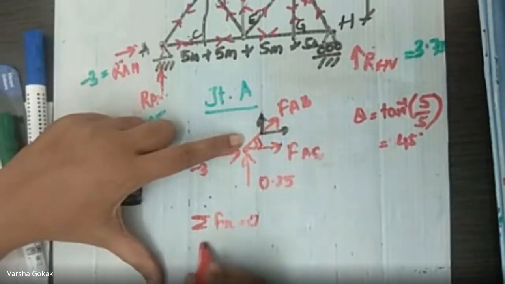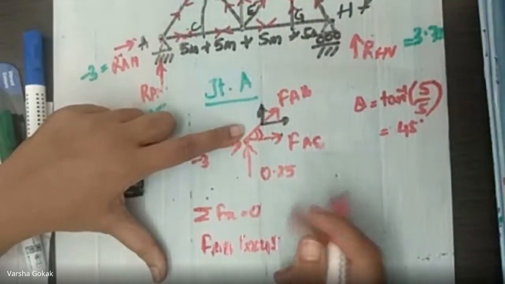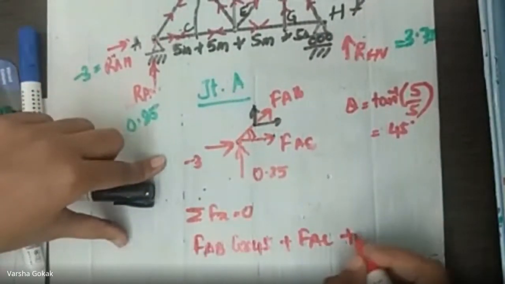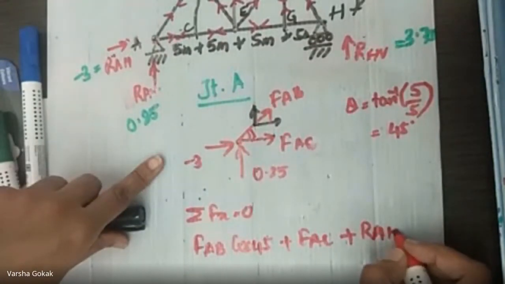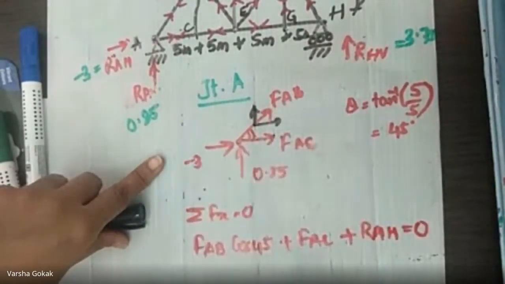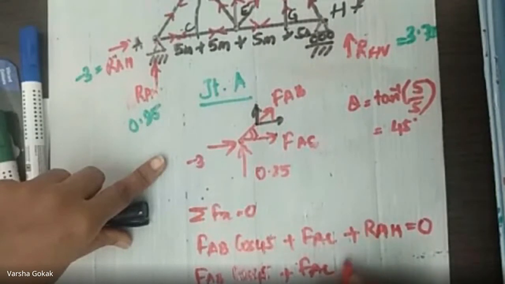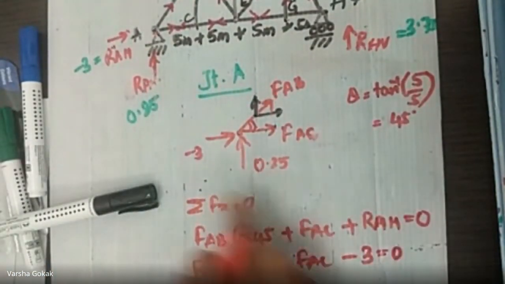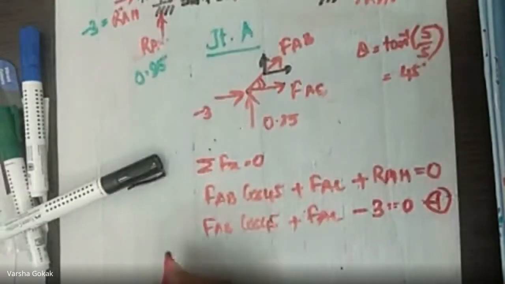So FAB cos of 45 positive, plus FAC, then plus RAH is equal to 0. 3 forces are there. Now let us substitute for them. FAB cos of 45 plus FAC plus -3 equal to 0. Call this equation 1 because I cannot further proceed.